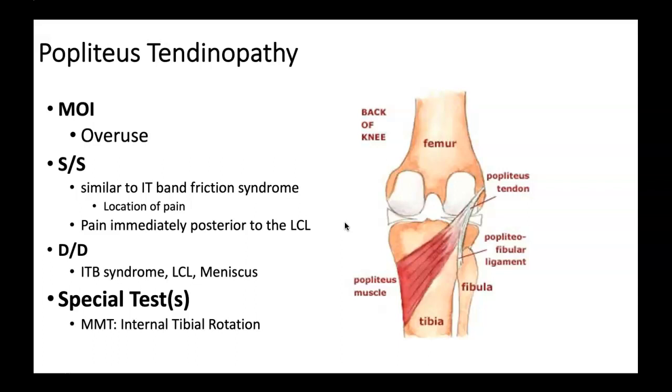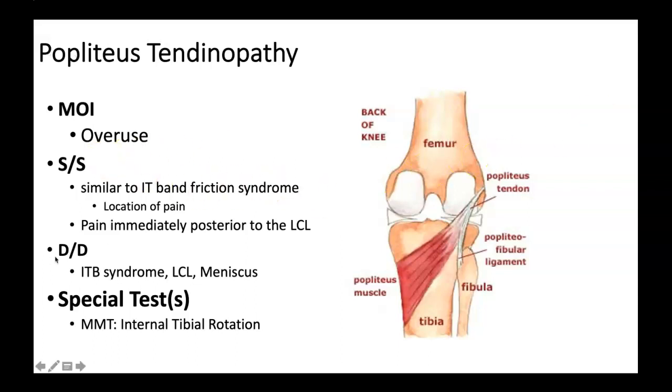In terms of palpating, if you really want to get a good palpation of the popliteus, it's actually easiest when you place the knee in a figure 4 position, right? So place that foot on the opposite knee, and the popliteus will pop out at you in a figure 4 position. So if you really want to get a distinct feel for where the pain is, have that patient in a figure 4 position and palpate that popliteus.